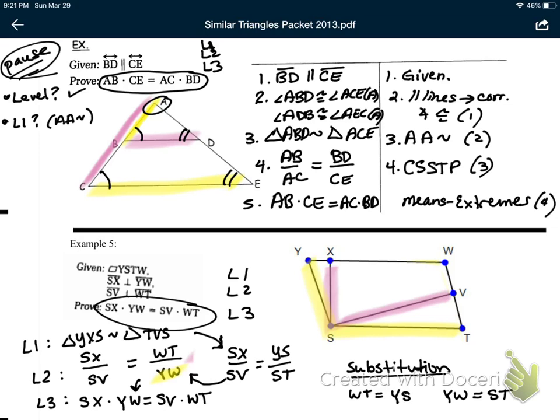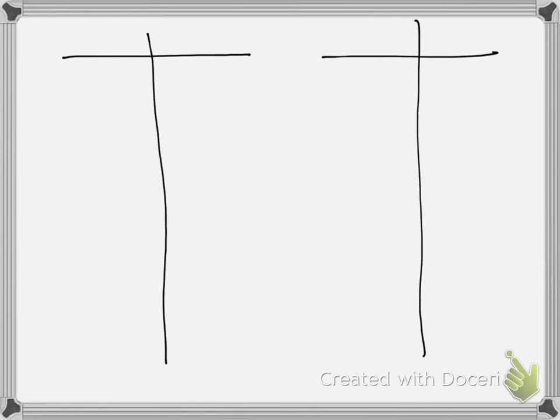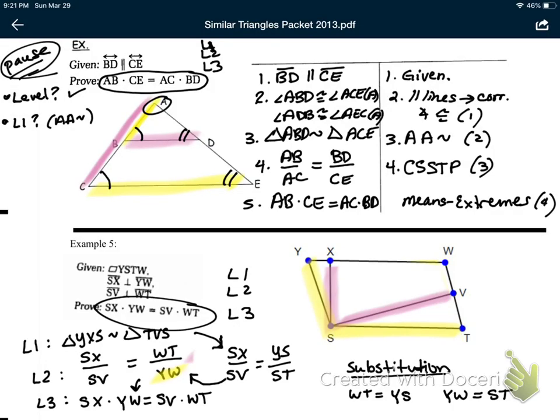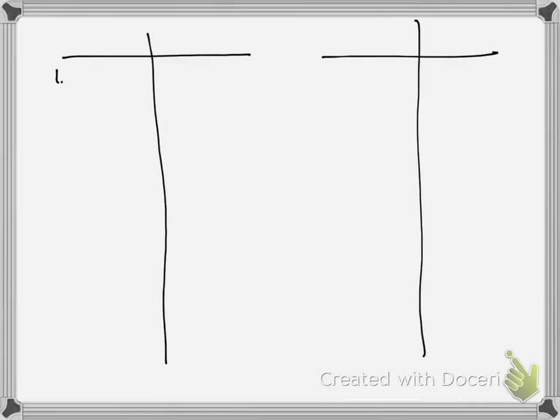Okay, so we start off the same way. I need 2 columns, I think, just in case. Okay, so parallelogram YSTW and the perpendicular.